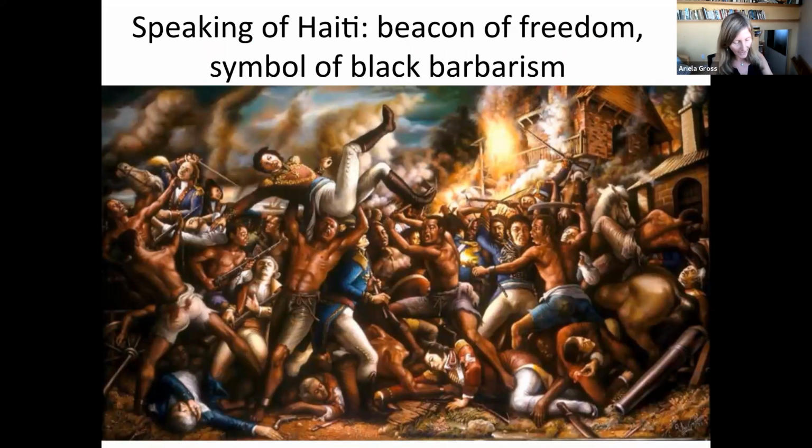On the one hand, the Haitian Revolution and its example both inspires enslaved and free people of color across the Atlantic world and strikes fear in the hearts of enslavers across the Atlantic world. But the expansion of freedom means something quite different in the Spanish Empire and in the US Republic.